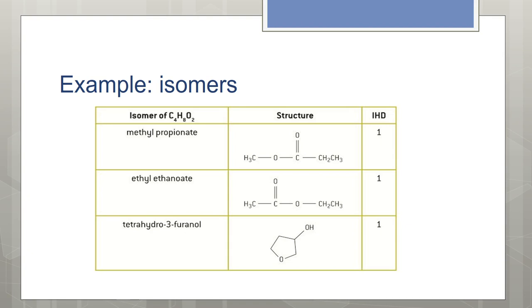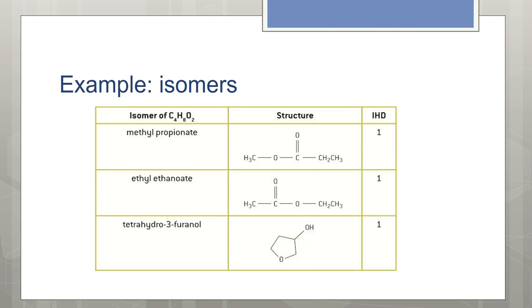Okay, so essentially what this does is we can look at different isomers and things like that. Different structures may have different IHDs. And then we can also work out how they may be going together with some additional information as well. So if we look at methylpropanoate, ethyl ethanoate, and tetrahydro-3-furanol, which is one that we don't have to know how to name, but this ring structure with the oxygen in it here is a furan, we can see they all have an index of hydrogen deficiency of 1, and we can go through and calculate those as well.